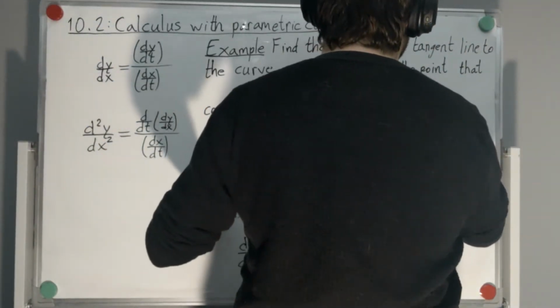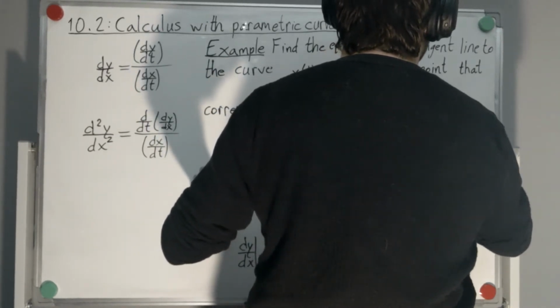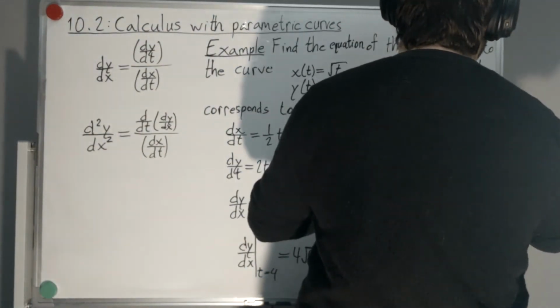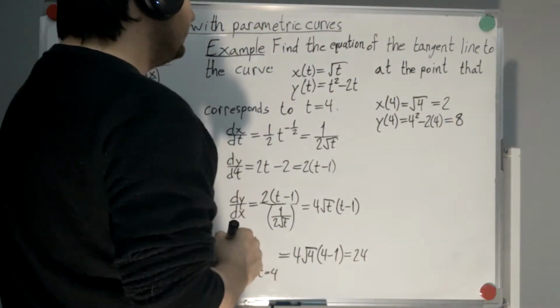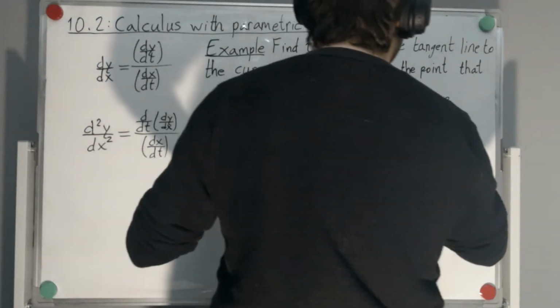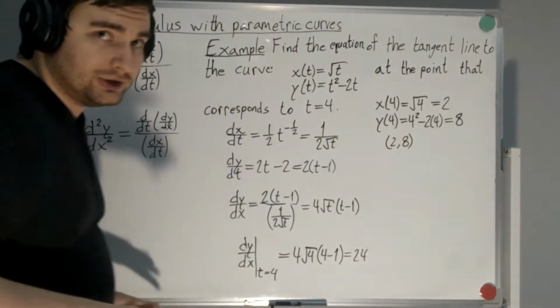Y of 4 is going to be 4 squared minus 2 times 4, which is 8. So the point on the curve, or the point on the tangent line that we can use is 2, 8. Specifically, this is the point of tangency.